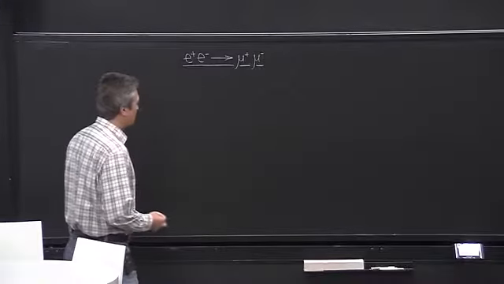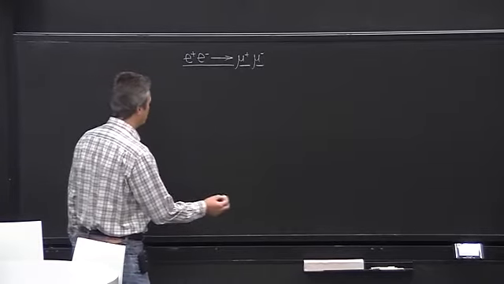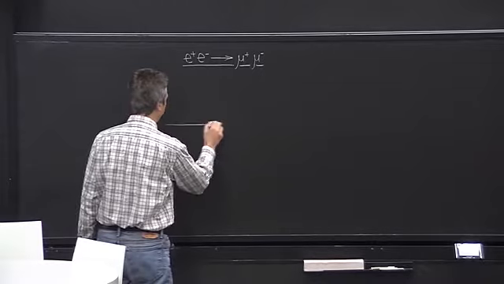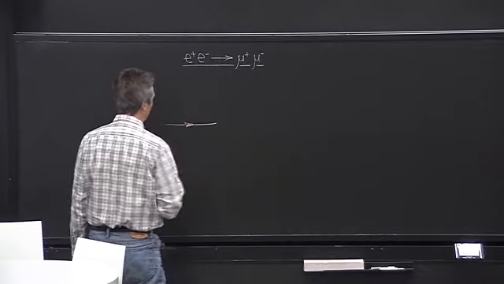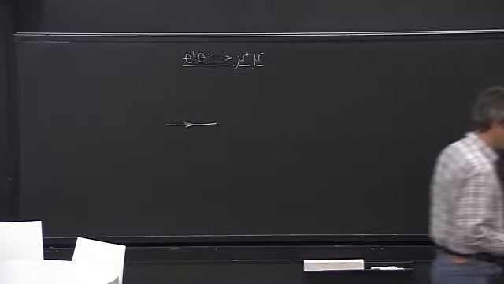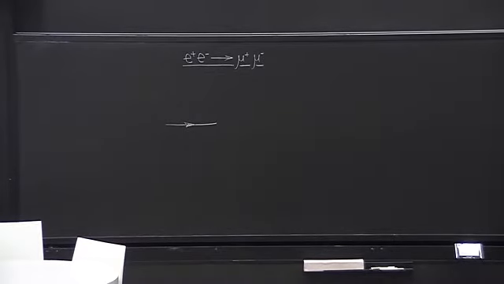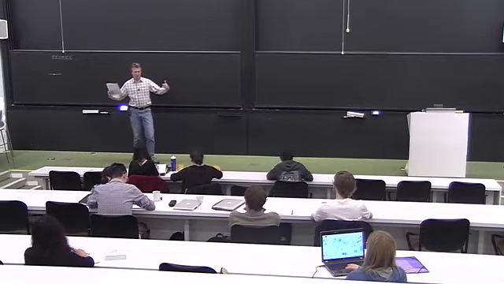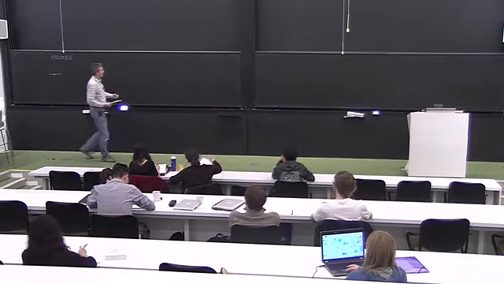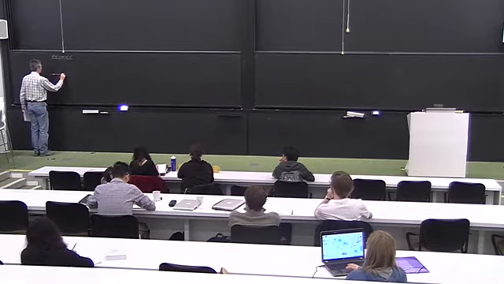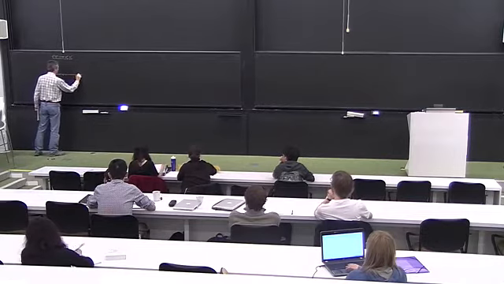So what is the situation that we'll consider? Well, there are two electrons that collide head-on. So we'll consider this process in the center of mass frame, imagining two beams of electrons and positrons colliding. And then in the collision, they can produce all sorts of junk.